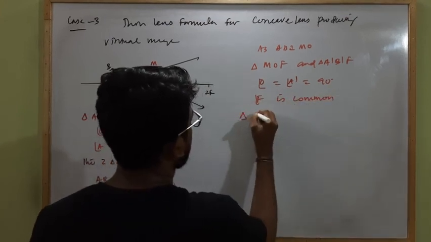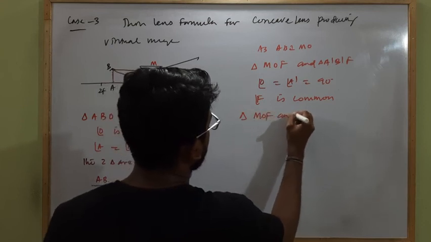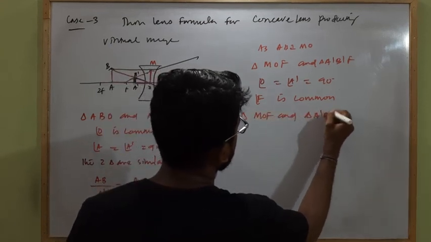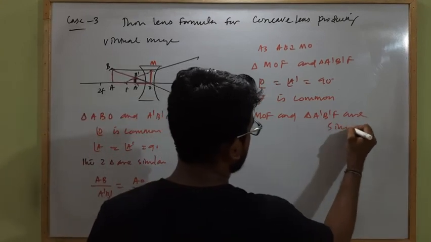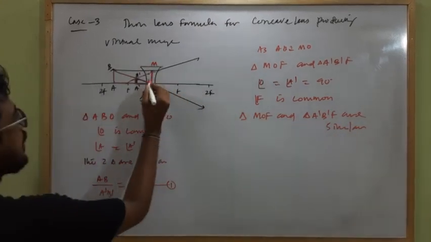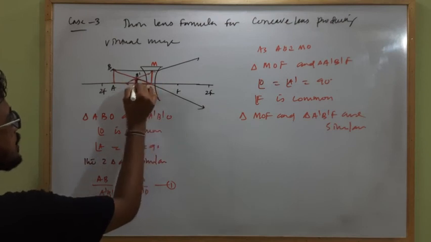So triangle MOF and triangle A dash B dash F are similar.